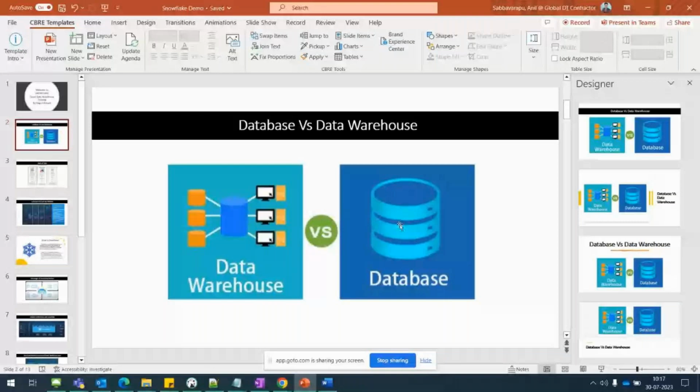So when I talk about a database, it is particular to only one particular area, right? But in order to take wise decisions, I need data to be collected from different places, right? I need to collect market data. See, if I want to know who is my competitor, I don't have that information in my database, because whatever information I have in my database is only related to my area, my organization.